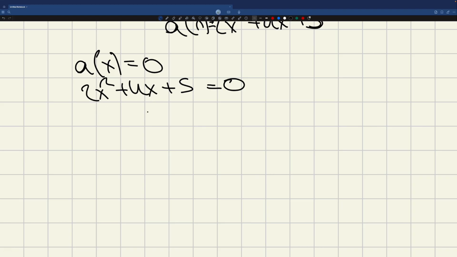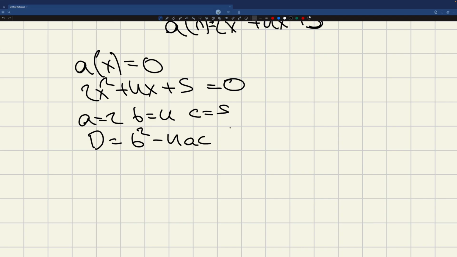Now this is just a simple quadratic, and there's of course multiple ways to approach quadratics, but let's solve this one through the quadratic formula because I don't see anything simpler to do here. So a is 2, b is 4, c is 5. Let's first figure out the discriminant, and I'll remind you the discriminant is b squared minus 4ac.